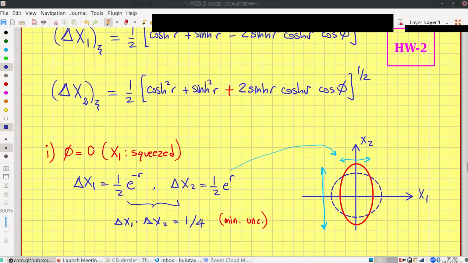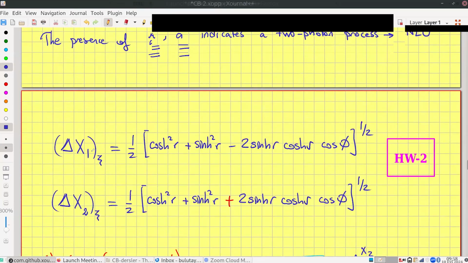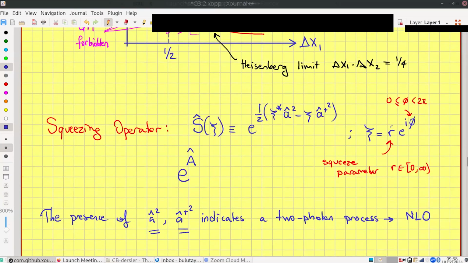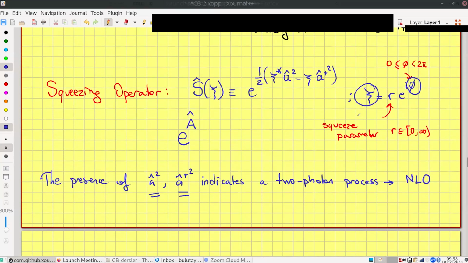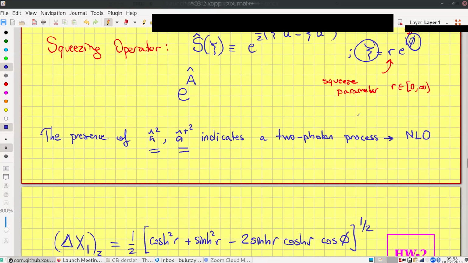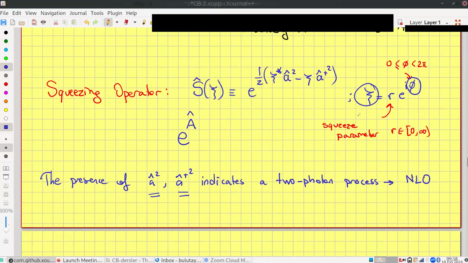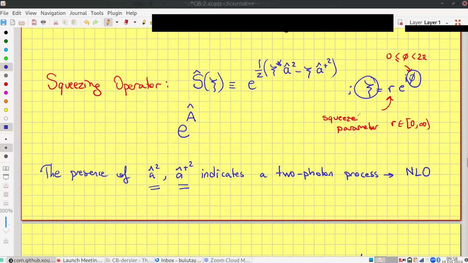For instance, this value of phi. Phi is the phase of the squeezing parameter. We'll see what the squeezing parameter is in a concrete example. It can be the modulation depth of an amplitude modulated laser, for instance, or in here, it will be some concrete parameter in the parametric down conversion.